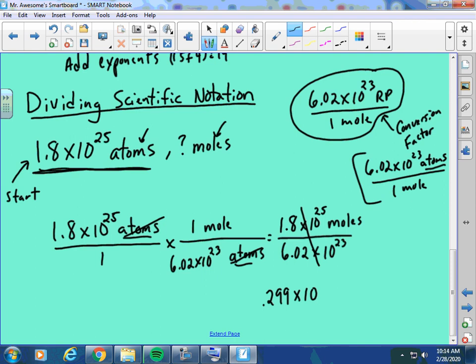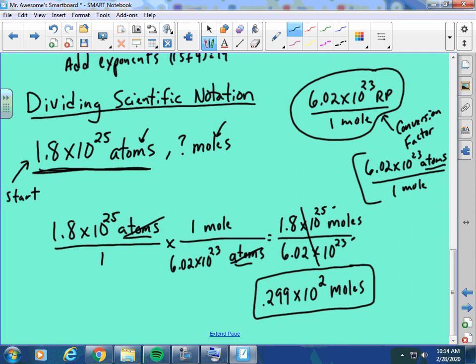So when we multiplied, we added the exponents. When you're dividing, you subtract the exponents. So I'm going to take this top one, 25, and I'm going to subtract the bottom one, 23. Anybody know what 25 minus 23 is? 2. And that's my exponent in the answer. All right. And the units are still there. So the answer would be 0.299 times 10 to the second moles.